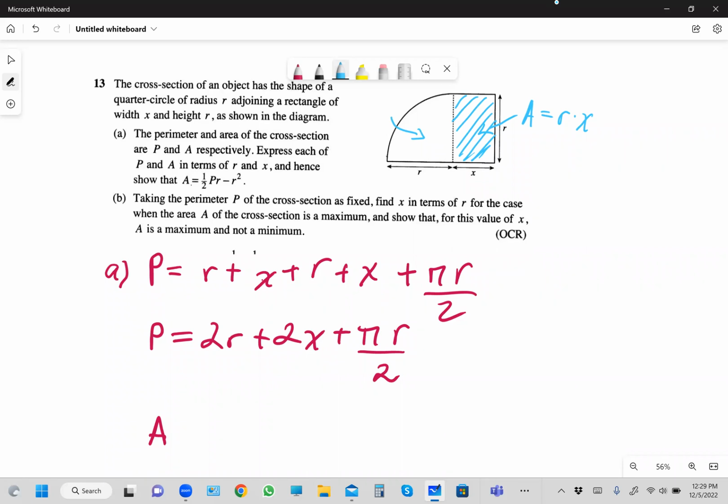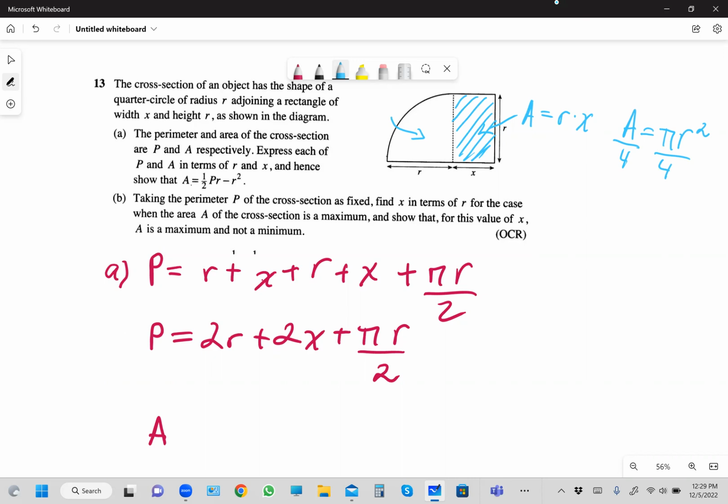What's the full area of a circle? Pi R squared, so a quarter of a circle, you would do what? Divided by? You divide it by 4, or you multiply by 1/4, or you multiply by 0.25.